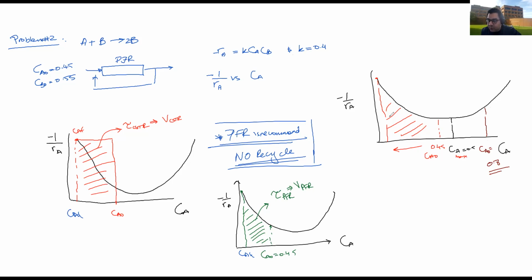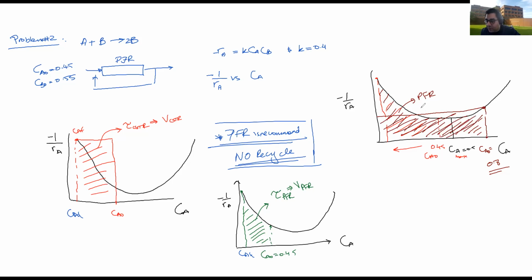Which two systems am I comparing now? For the case where I have CA note 0.8, I'm comparing the area under the chart from here all the way to here, which will be the PFR. And I'm comparing this to the CSTR performance, which will just be this rectangle right here.